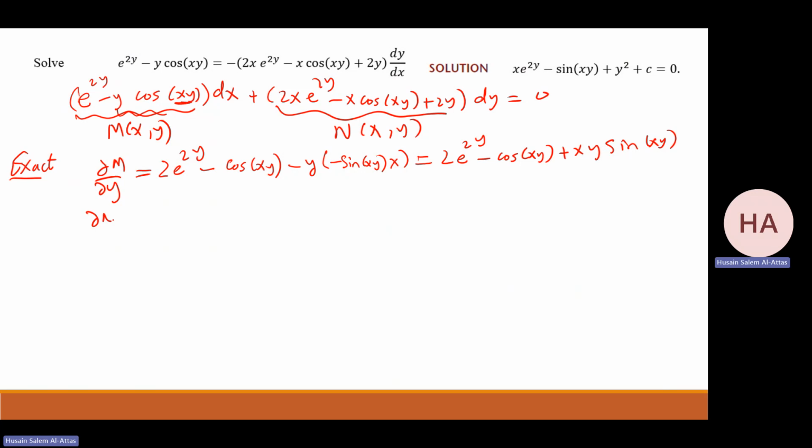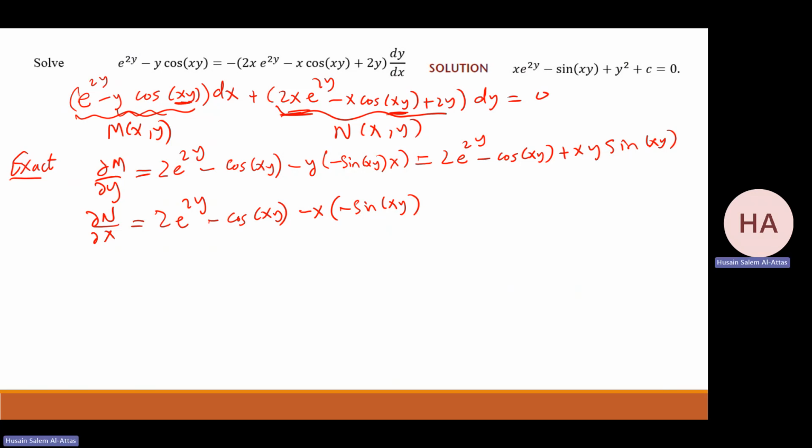Okay, now let me do partial n with partial x. That will be what? 2e to the 2y. I'm doing it with respect to x here. Here I have product rule. So it will be minus cosine xy minus x, derivative of this, so it will be minus sine xy. What's the derivative of this with respect to y?